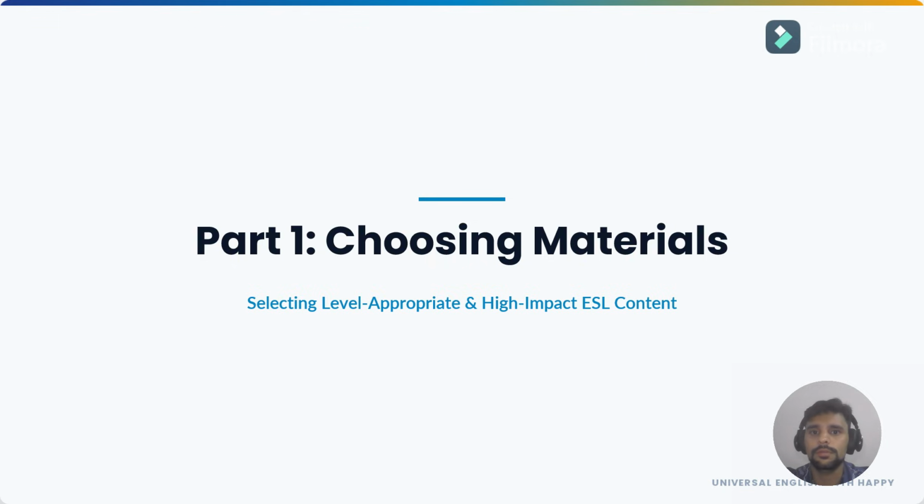Welcome to Part 1. It's all about choosing materials and activities, selecting engaging, level appropriate content. As language educators, the textbook or materials we bring into the room act as the primary catalyst for interaction.